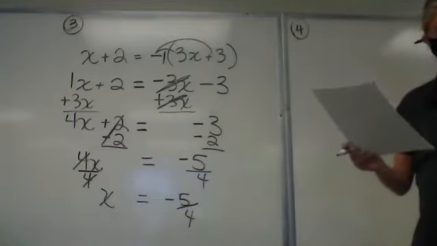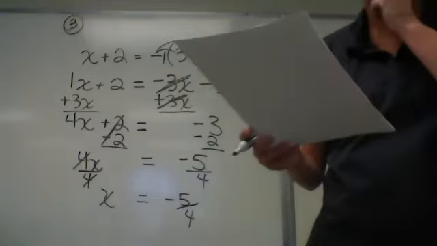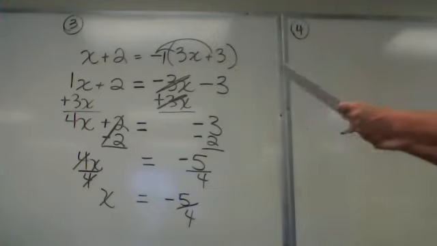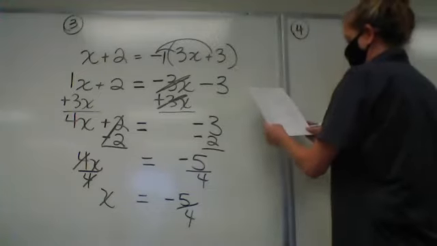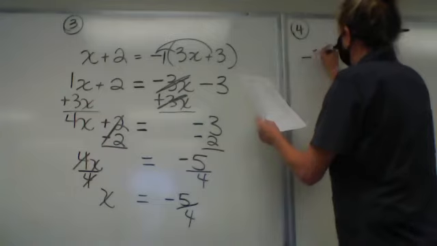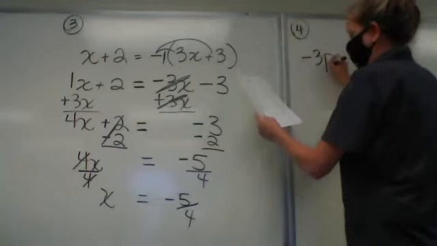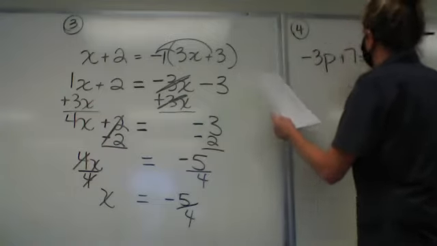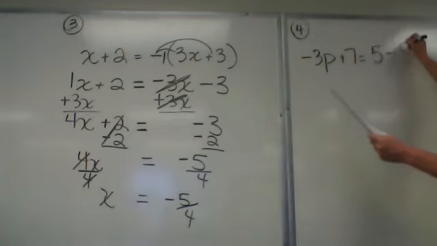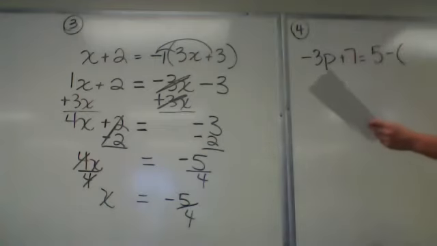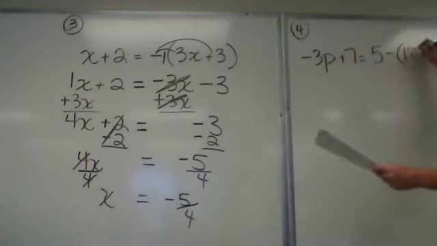All right, so we're just adding more steps to these equations. Negative 3p plus 7 equals 5, this one's tricky, minus parentheses 12p plus 6.